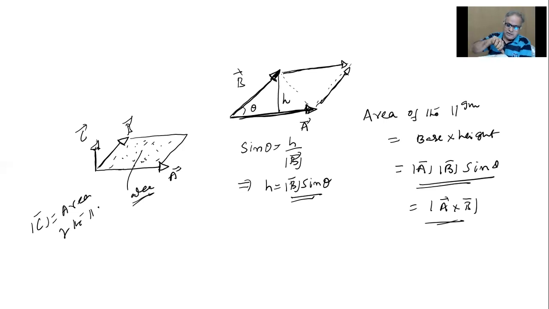Or this vector has a magnitude equal to the area, or the area can be taken as a vector like this, whichever way you say. Tell me, children. So this is the geometrical meaning of mod of A cross B.